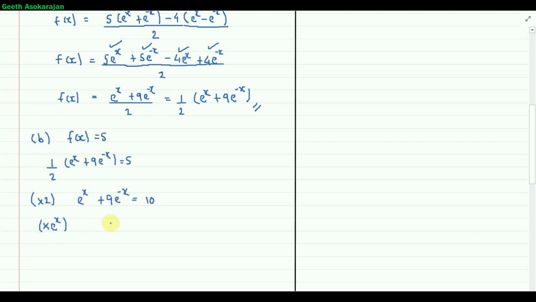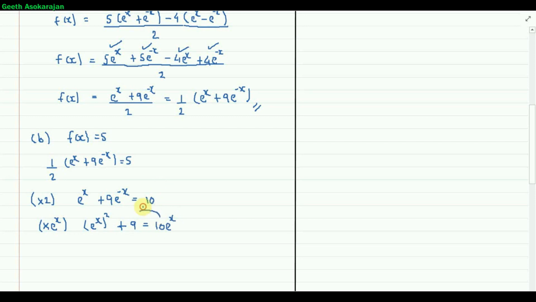If I multiply this equation by e to the plus x, I'll have e to the x squared, so e to the x times e to the x is e to the x squared, plus 9e to the minus x times e to the plus x is simply 9, and that is equal to 10 times e to the x, that is 10e to the x.